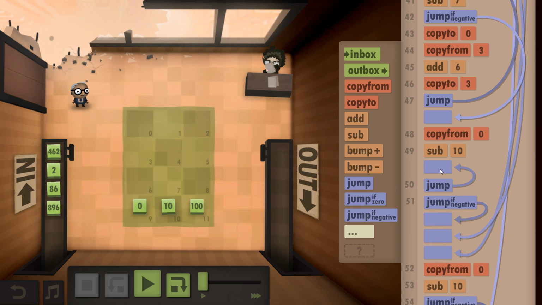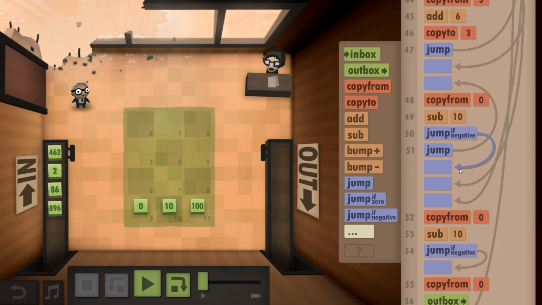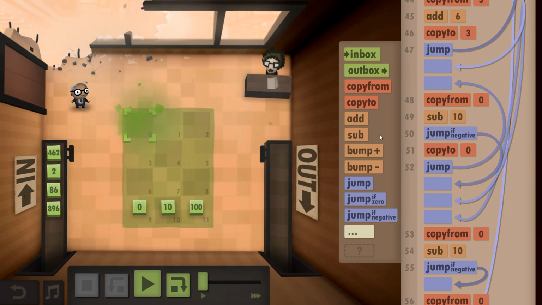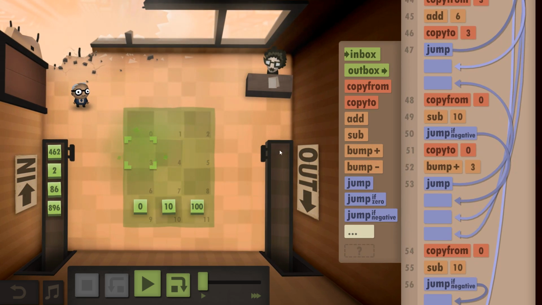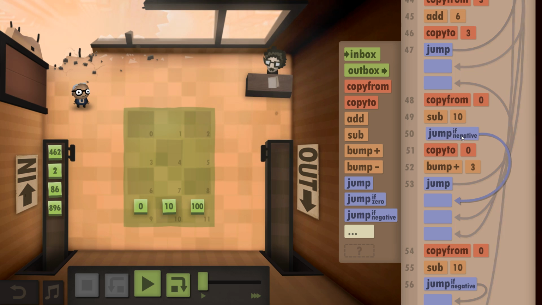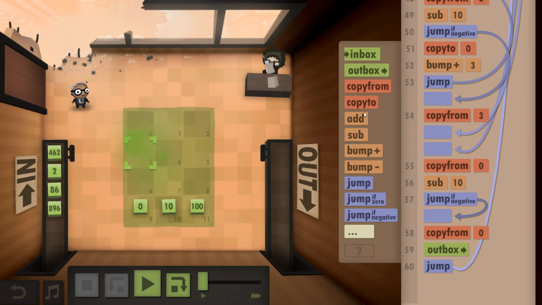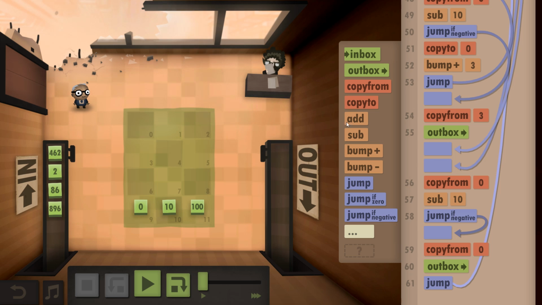If not, do it again. But before you do it again, save it and bump up the counter. And once it's negative, copy from the counter and outbox it.